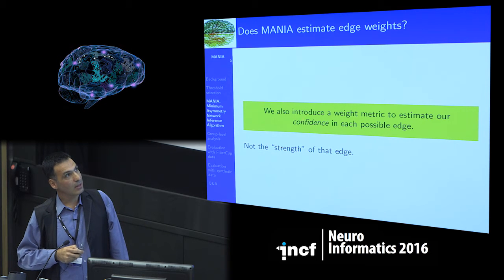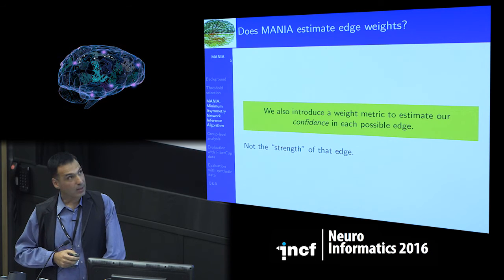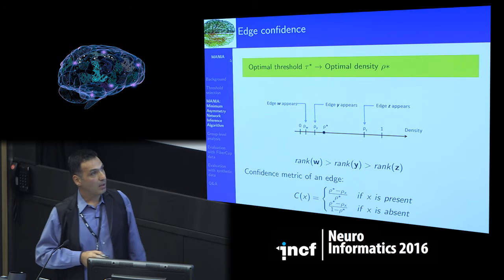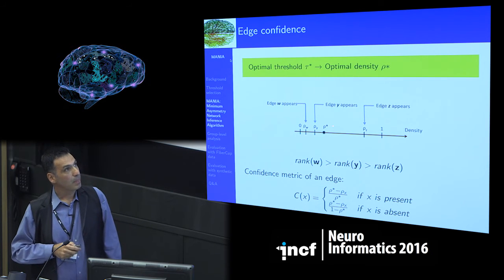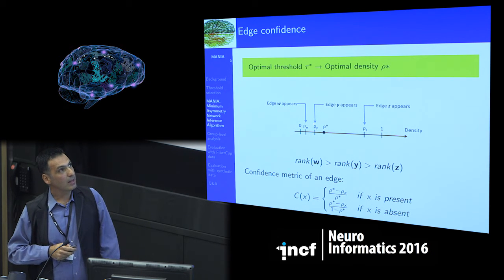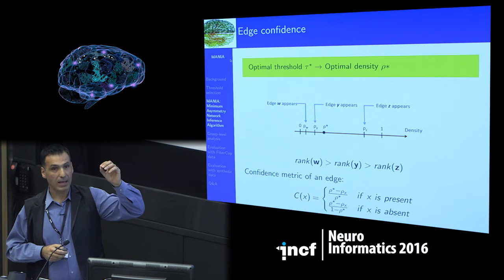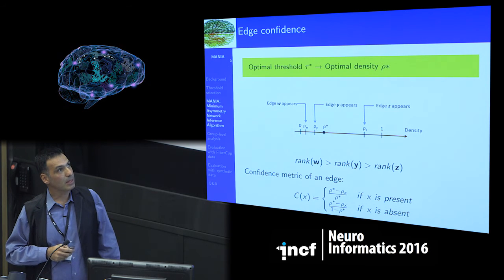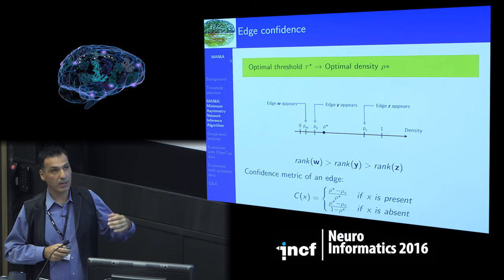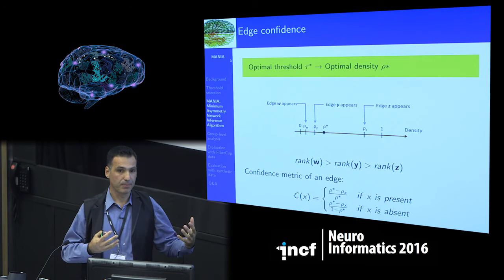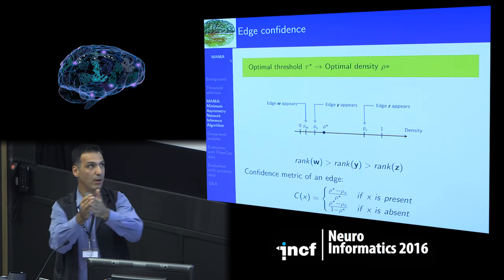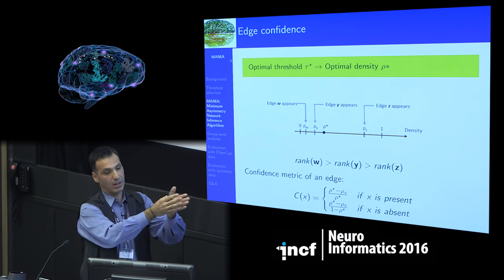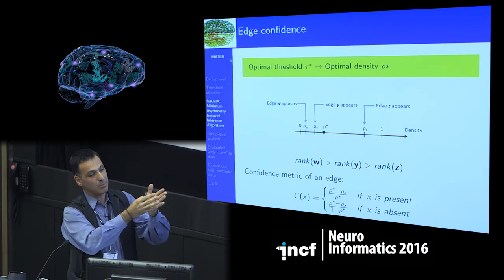We can actually quantify our confidence for each edge. And the way we do that, I will be very brief here. The way we do that is by finding for each edge what is the minimum density at which this edge first appears. So as you change your threshold from 1 to 0, you gradually see more and more edges.